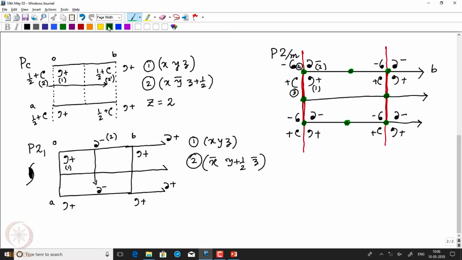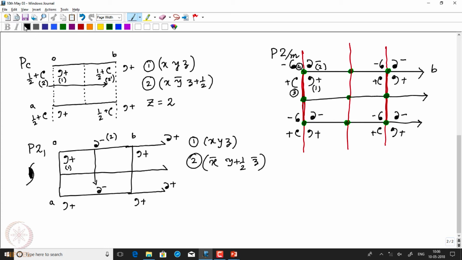There is inversion center at the center of the lattice, and there is a mirror plane generated through the middle of the unit cell. So this is a complete representation of the P2/m space group.